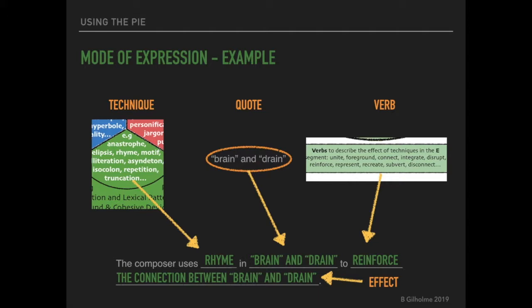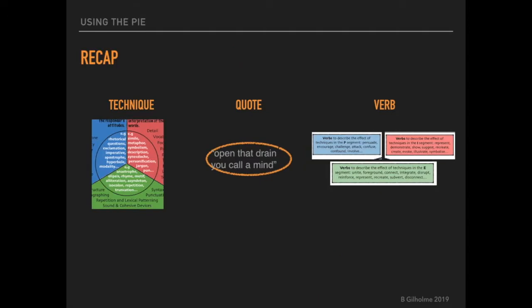Now again, that's pretty simple in terms of what we're identifying as an effect, but it's what we do with that later that is going to be the far more powerful part of putting that into some kind of response. So just for a bit of a recap, we've been using two parts of the communication pie in particular.